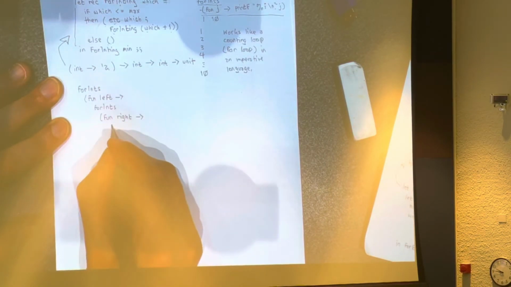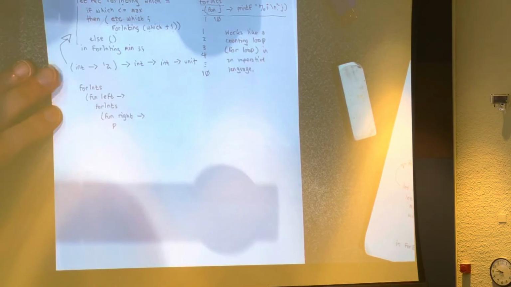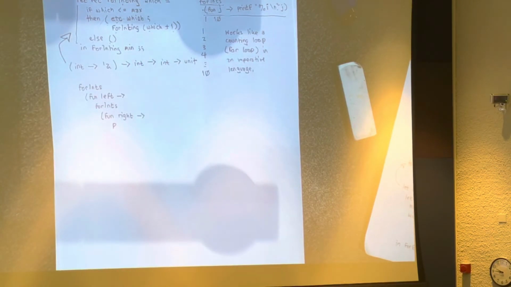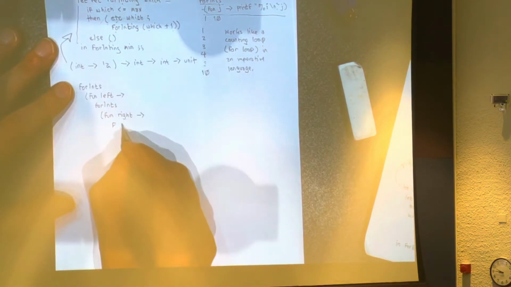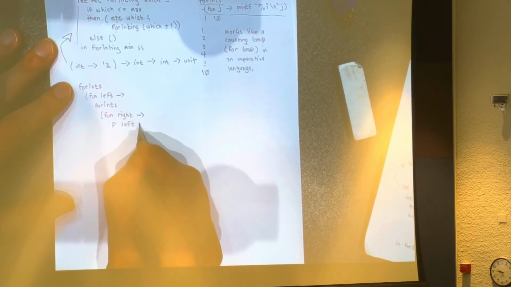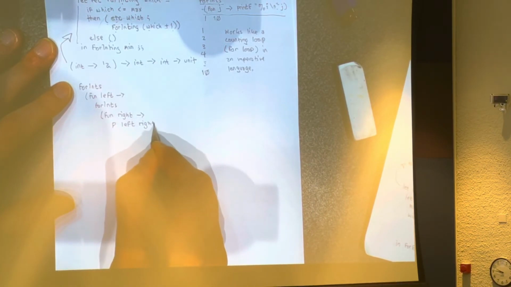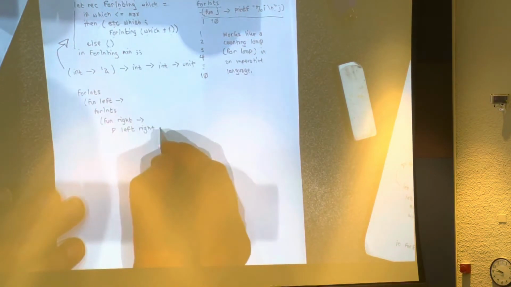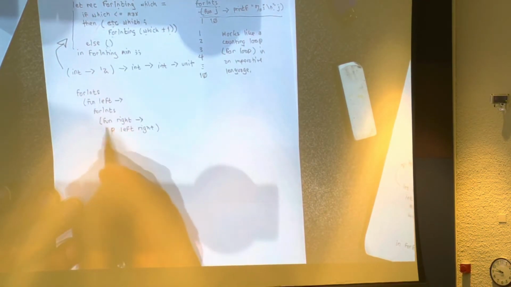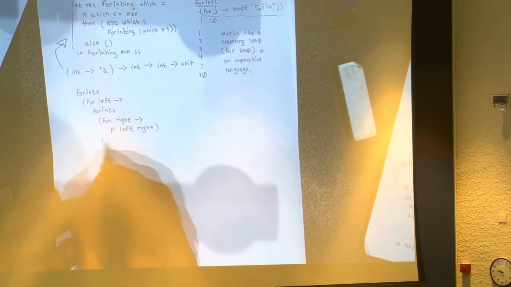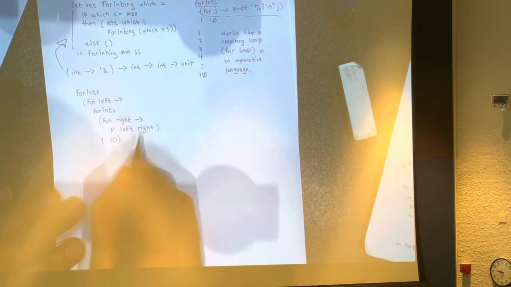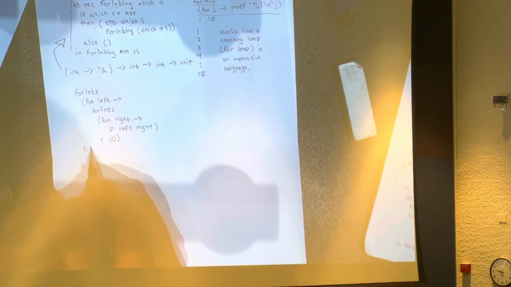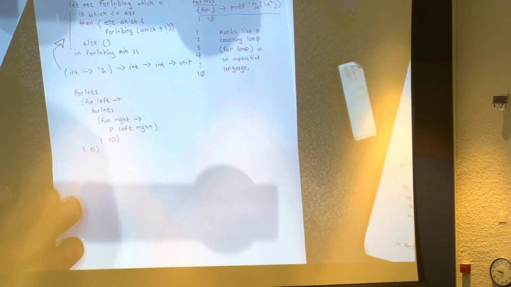And then, let's imagine that there's some function here, p, which I don't know what it does. But this gets called with both left and right. Maybe p for print, maybe it prints both of them. Okay, that closes fun. And then here we will call for ints with 1 through 10. And then here we'll call the outer for ints with 1 through 10.